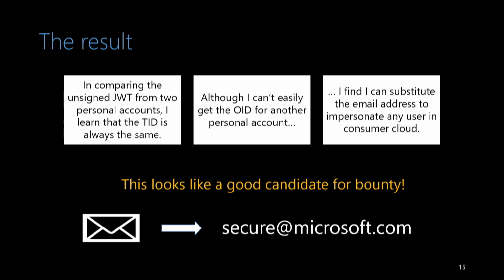And finally, I managed to find a way to use only the email address, with no other requirements and no user interaction at all. After that, I quickly wrote a report and sent it to MSRC, and then I just lay back and started to imagine my bounty ring, because I'm pretty sure this is a critical issue. It turns out that I'm not the only one who found it. So I pass to Ron for his second discovery. Thank you.